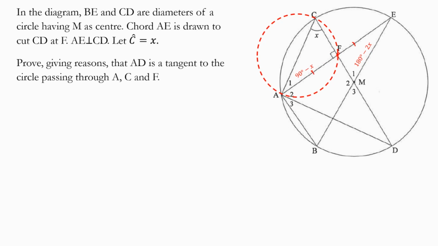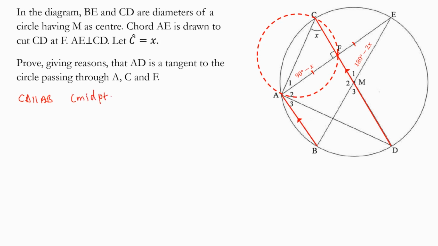So F is the midpoint of AE and M is the midpoint of BE. So AB is parallel to FM, and we can say that CD is parallel to AB. Why? Midpoint theorem.